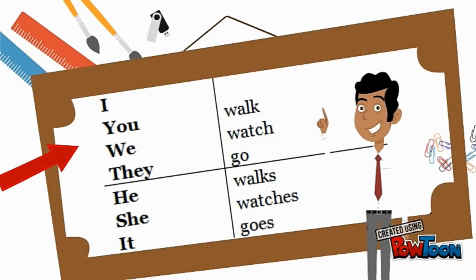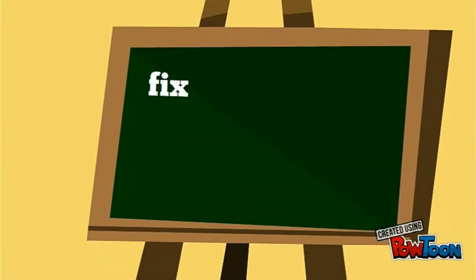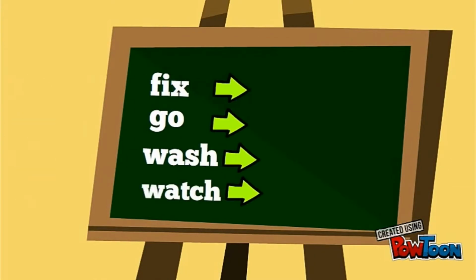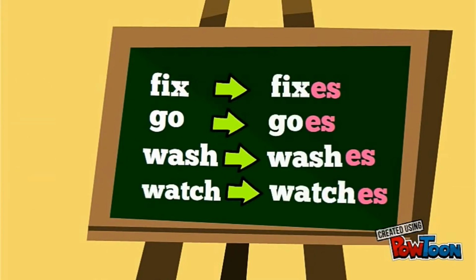So, we have this. Next we have, with plural subject we use plural verbs, and with singular subject we add s or es in the main verb first form. For example, we have fix, go, wash, watch. They can be fixes, goes, washes and watches.